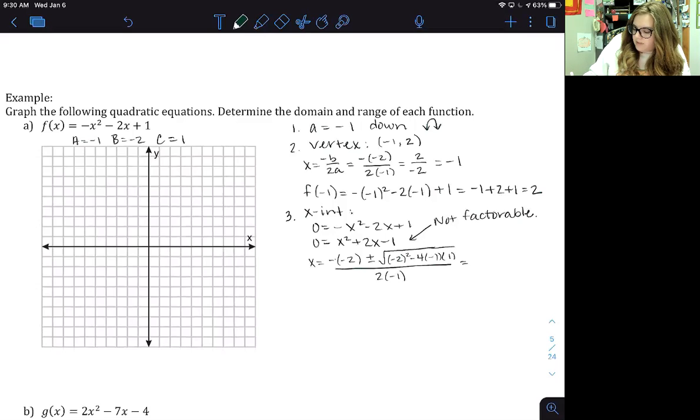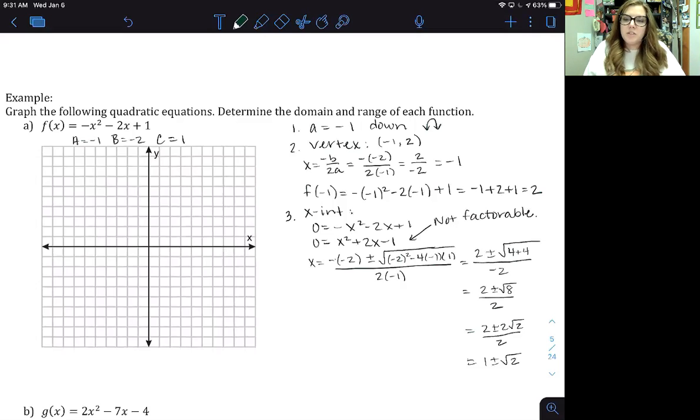So simplify this expression. We get 2 plus or minus the square root of 4 plus 4 over -2. 4 plus 4 is 8. So 2 plus or minus the square root of 8 over 2. And we can keep simplifying this. And we will get 1 plus or minus the square root of 2. Unfortunately, that doesn't really help us graph. So we're going to go ahead and estimate this.